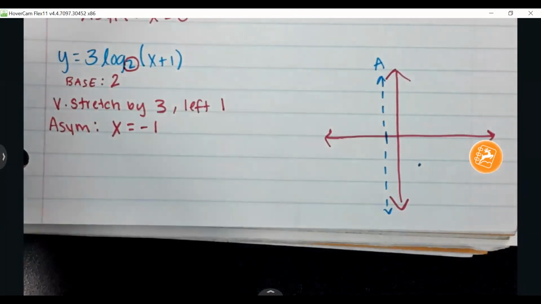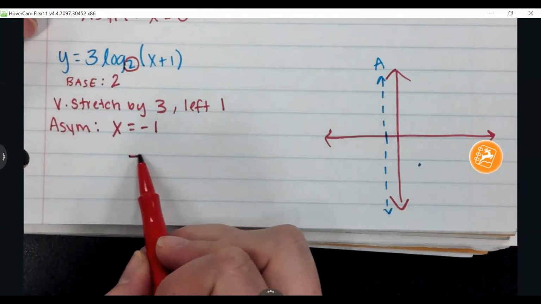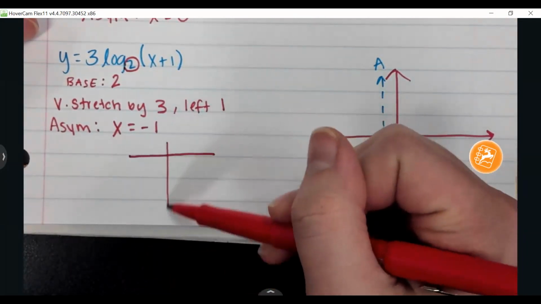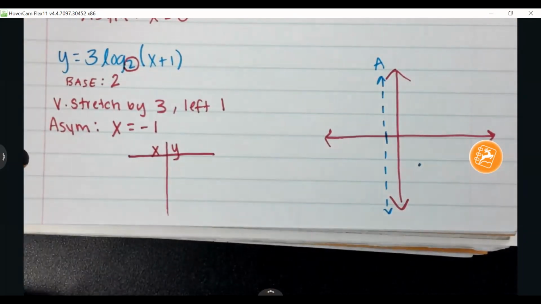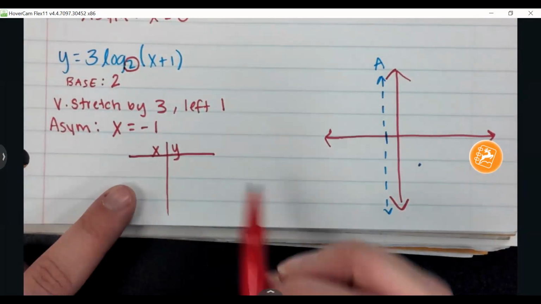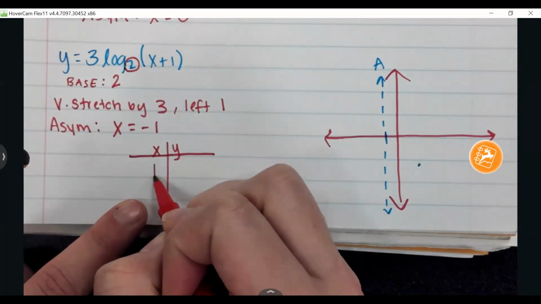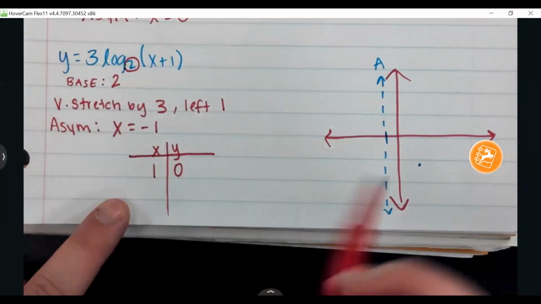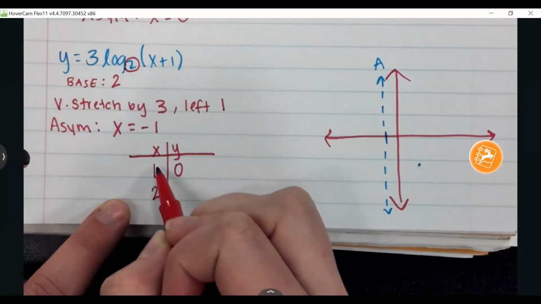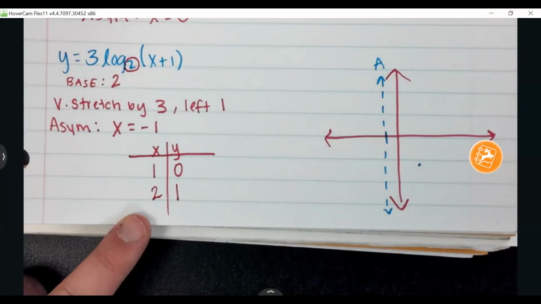Okay, so let's make our table real quick. Remember, it's a small table. There's only 2 points, x and y. Since this is a log, I need to start my points like I'm writing the word log, 1, 0. Base, my base is 2, and the 1s are diagonal from each other.